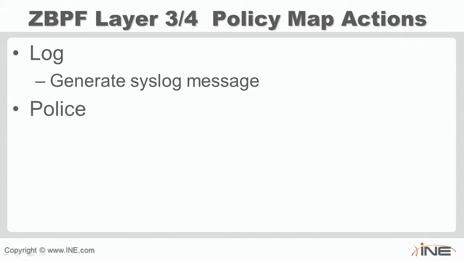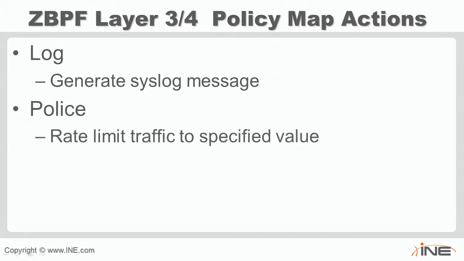We could police the traffic, which is similar to the modular quality of service police action, which is going to be used to rate limit the traffic to a specified value. So if I were to say I want to limit the FTP traffic as it goes out, I could police this to a rate of 1 million bits per second. So this means that my outbound FTP flows would be limited to 1 megabit per second.